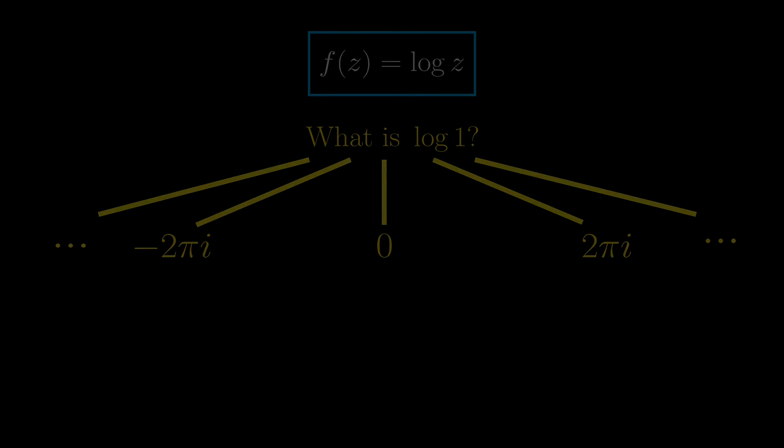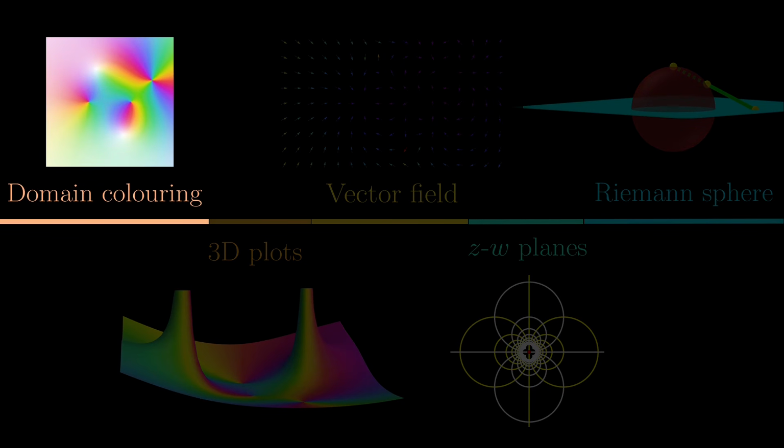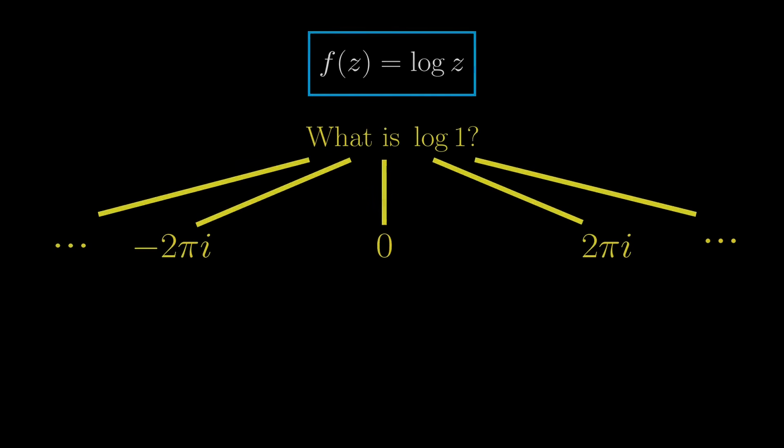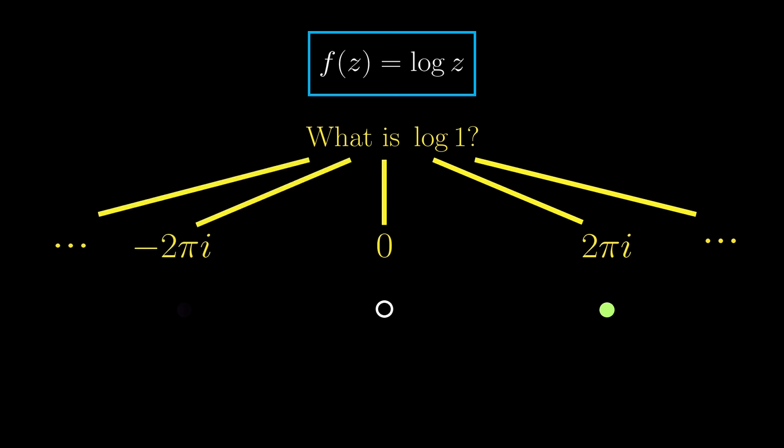As before, we first consider what the domain coloring plot would look like, but this time we go through a bit more quickly. In our case, let's choose the answer 0 because that's the usual convention, which actually corresponds to the color black. 2 pi i corresponds to a green color, while -2 pi i corresponds to a purple color.